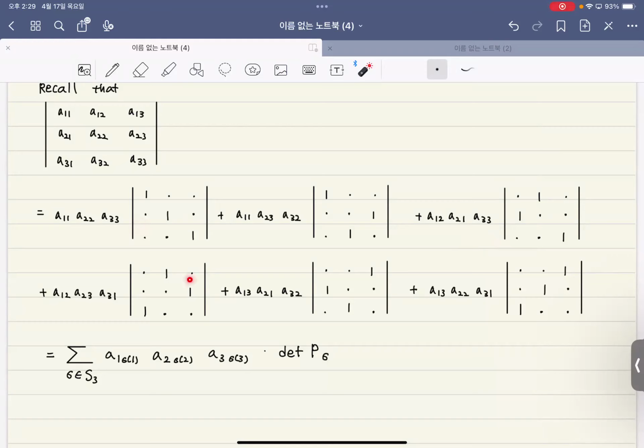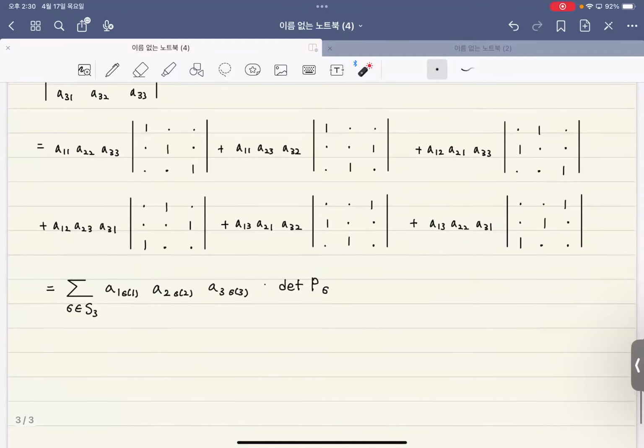So, well, summarizing this, I can say A of 1 and sigma 1, 2 and sigma 2, and 3 and sigma 3, followed by the determinant of P sigma. Okay, so far so good? Okay, all right.